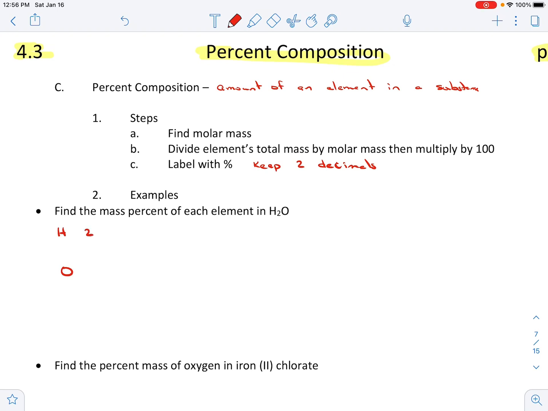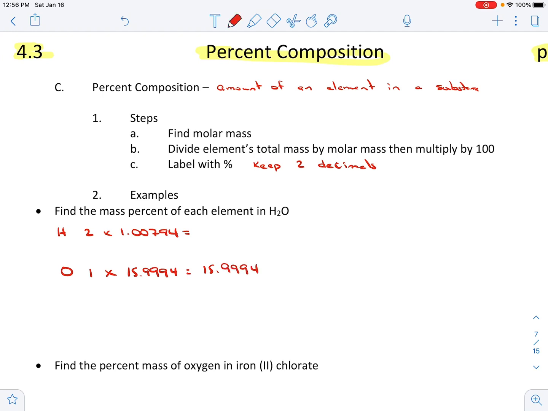Then we have 2 H's. So we're going to take that times the atomic mass of H, 1.00794. Remember, I found that on my periodic table. That's the bottom number. Then I'm going to take 1 times 15.9994. This gives me 15.9994.